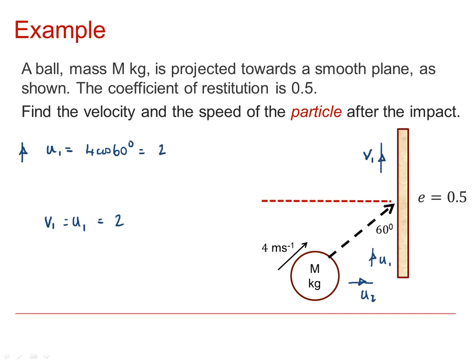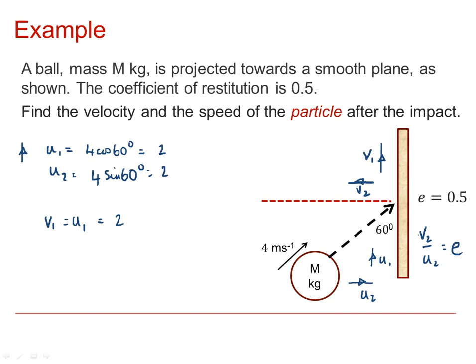But now considering the perpendicular motion, the rebound, which I'll call V2, divided by U2, the initial one, so we have V2 over U2, that will be equal to the value of E, the coefficient of restitution. Looking at the perpendicular components, U2 is going to be equal to 4 sine 60 degrees, and that's equal to 2 root 3.